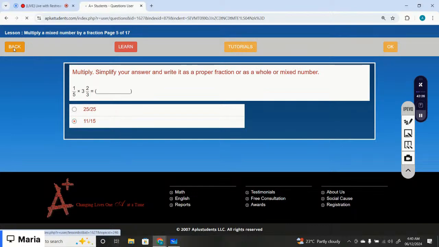So, we were working on grade 5 math. The chapter we were working on is multiply fractions.